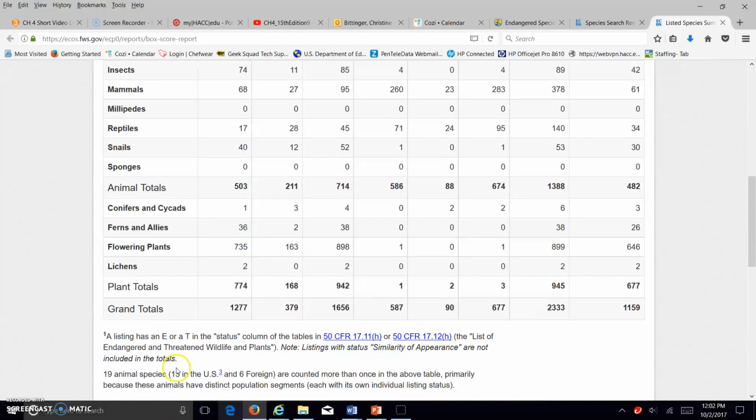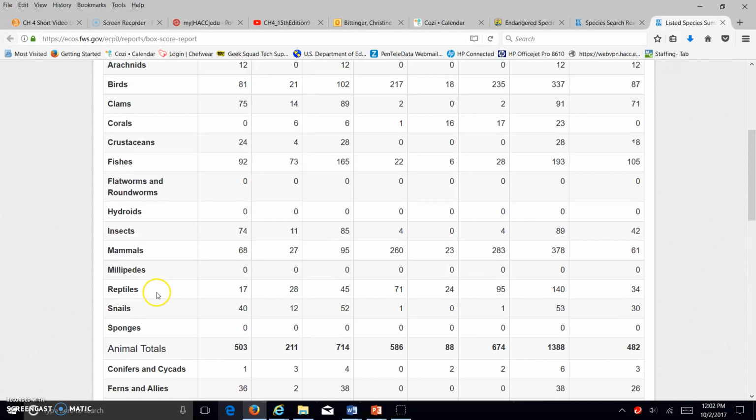So I focused on the animal totals coming across this row, and I didn't mention the reptiles, so let's just backtrack a little bit here. In terms of reptiles, there are 45 species in the United States classified as endangered and threatened, and 95 species internationally, for a total of 140 reptile species around the world that are considered to be threatened or endangered.